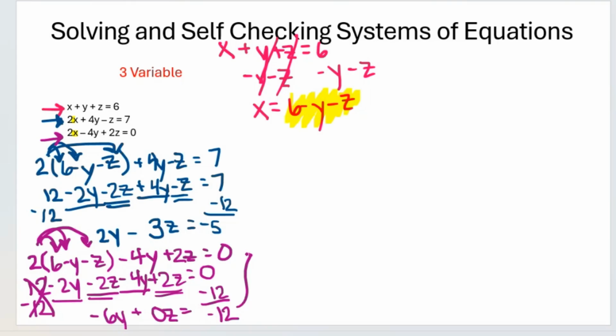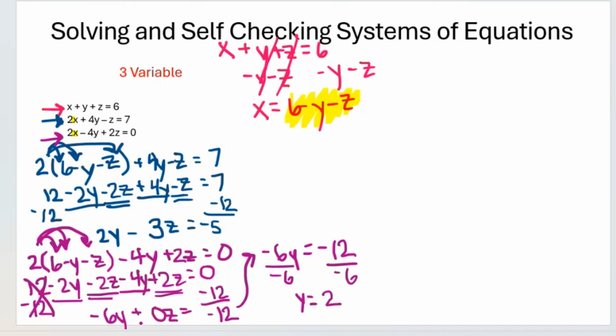If I do that, you'll see that I have negative 6y plus 0z's. 0 times anything is 0. So actually, I'm able to get rid of the z in that problem. Negative 6y equals negative 12, and y equals 2.